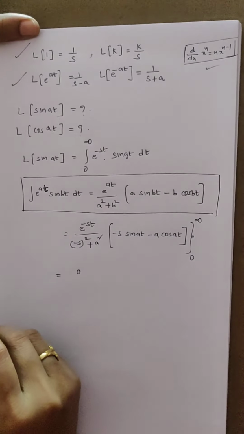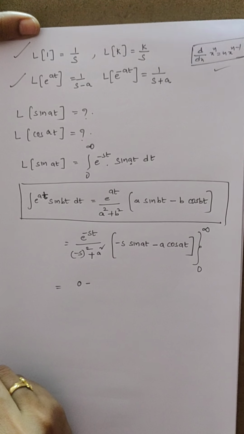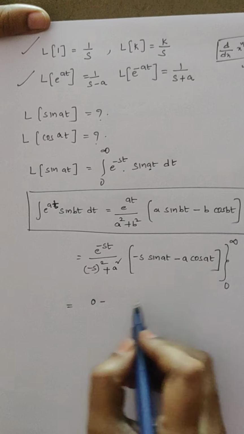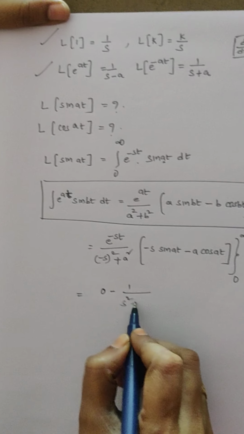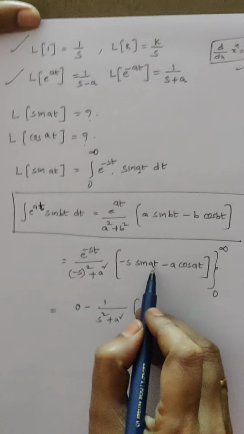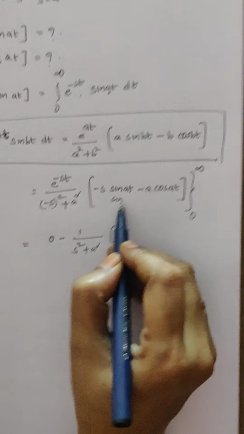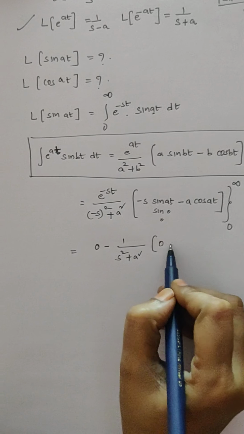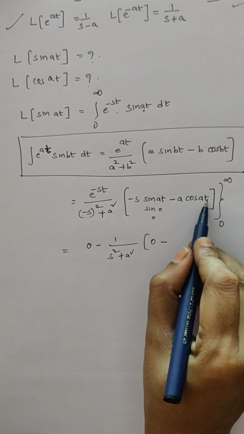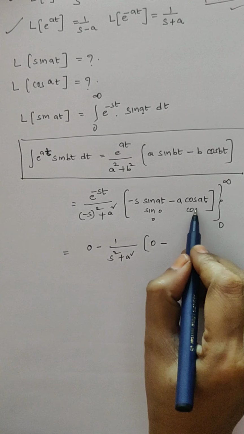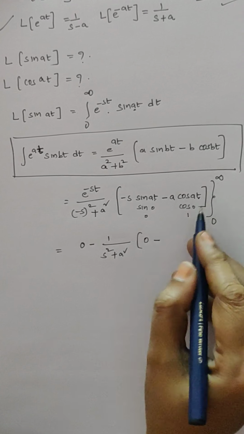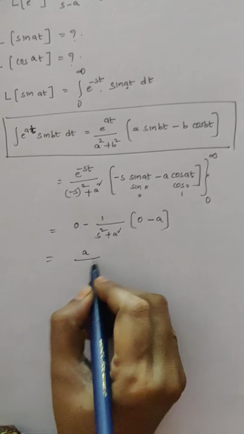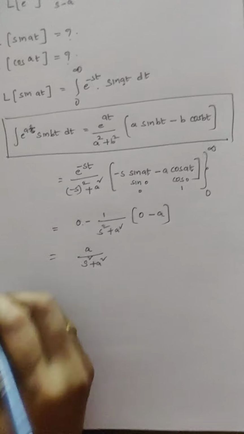By applying the lower limit, we will get 0 minus, in place of t 0, that is e power minus 0, that means 1 by s square plus a square into, in place of t 0, that means sin 0 value 0, so 0 into minus s is 0, minus, in place of t 0 now cos 0 means 1, means minus a, minus minus plus a by s square plus a square.